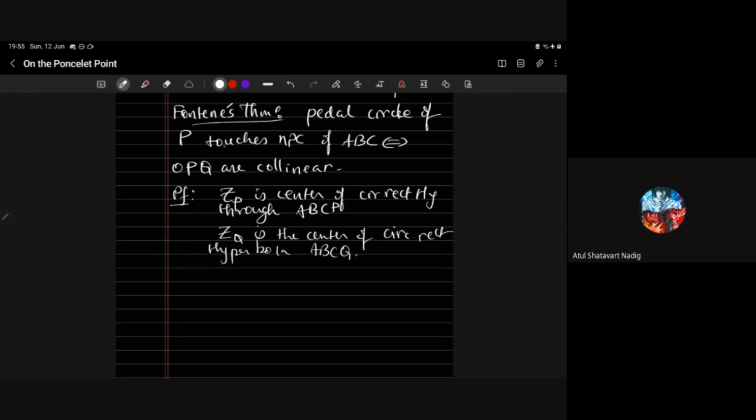If the pedal circle touches the 9-point circle, that means Z_P equals Z_Q, which implies the hyperbola is the same.